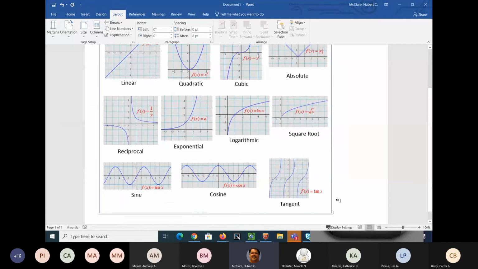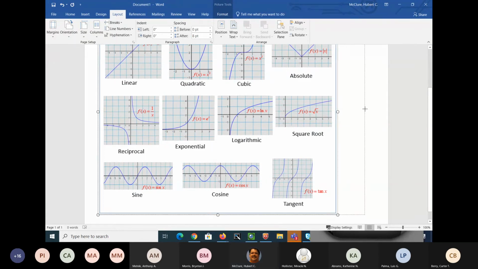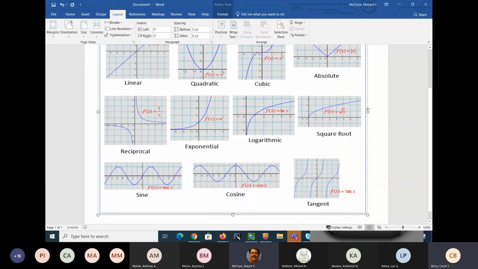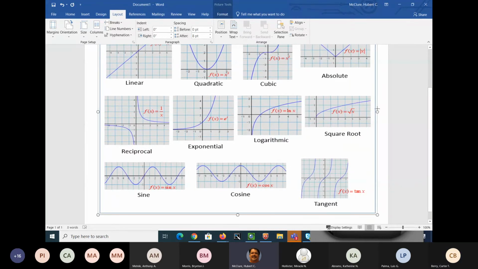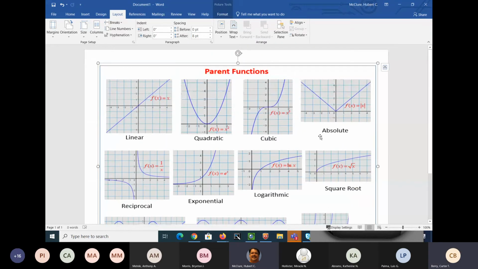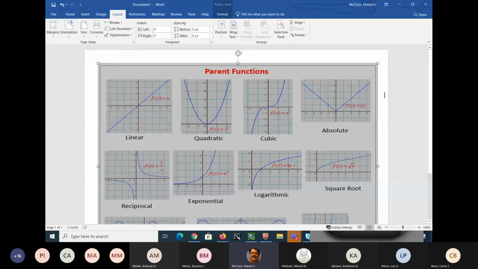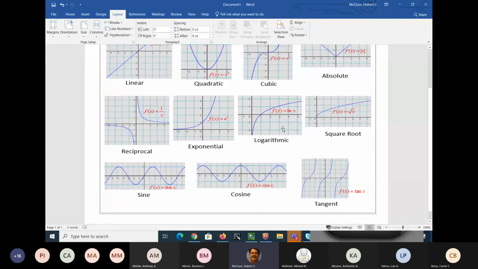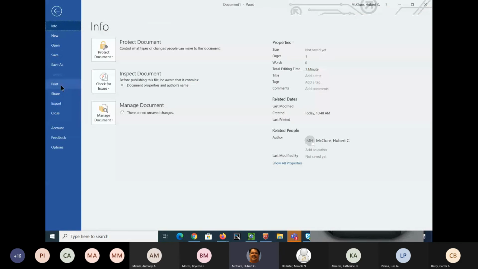And then we can make it a little bit bigger maybe. Now, isn't that a lot of work? Now you have to hit the print button. You got to actually go over here and hit print. And you've got yourself a parent graph sheet.